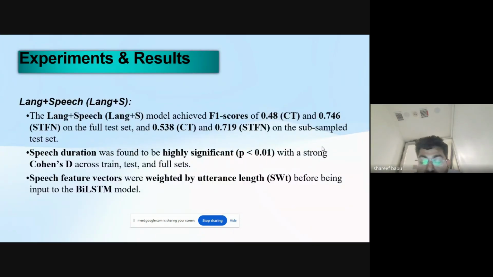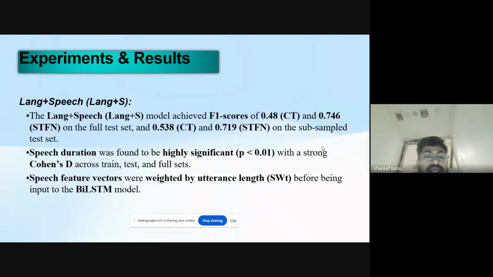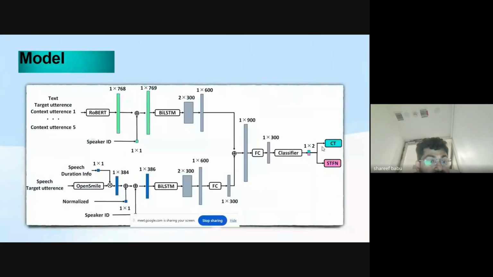Just to be clear about what lang plus speech, lang plus SWT, SWR, SWT plus SWR, and duration mean: language plus speech only is the first. Then we tried language with SWT, where, if you look at the model here, we have weighted each feature vector with the duration of the speech.